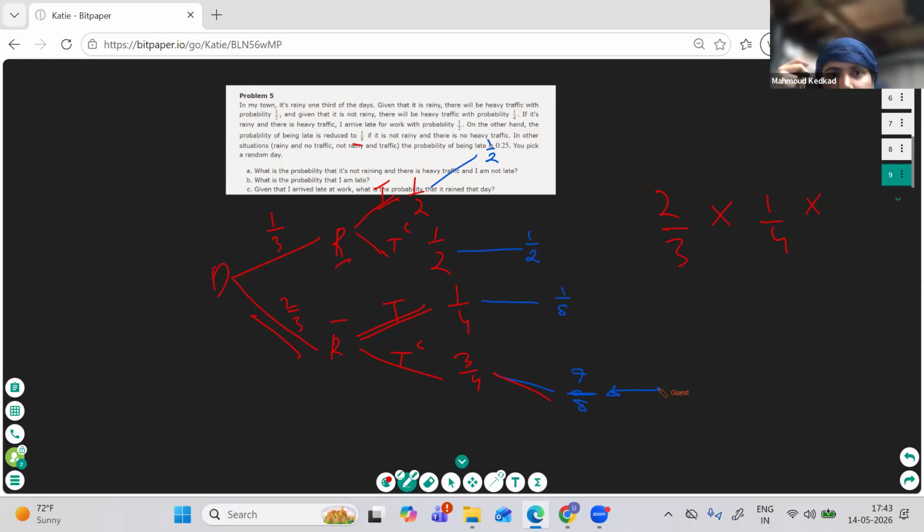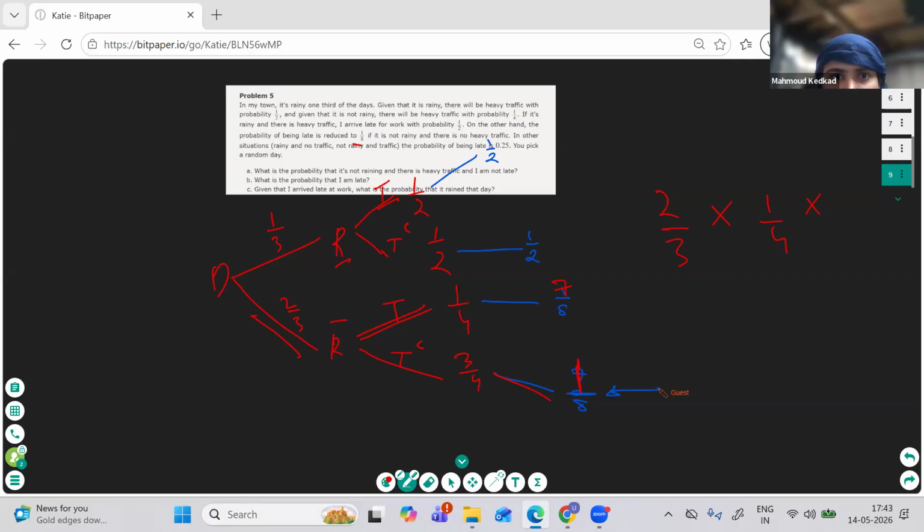Is the table correct? On the other hand, the probability of being late is, if it's not rainy and there is no heavy traffic. There's no heavy traffic. But this should be 1/8. It says no heavy traffic. This should be 7/8. What is the other case then?